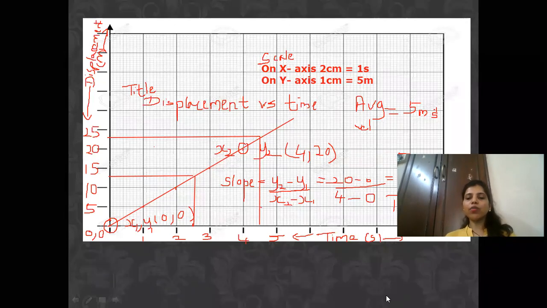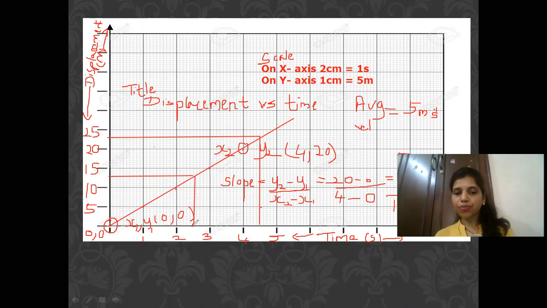So for the final reading of the displacement, as the time is given, you're going to draw a line upwards from the x-axis till this line, because the time is given. So you're going to draw the perpendicular line from the x-axis, that is the time axis.